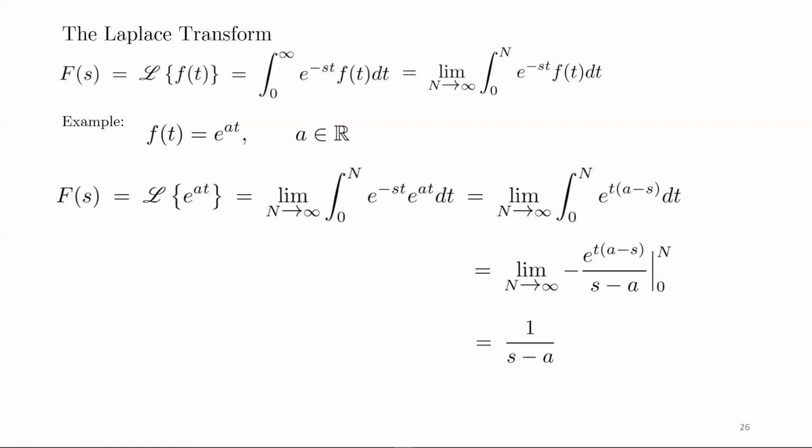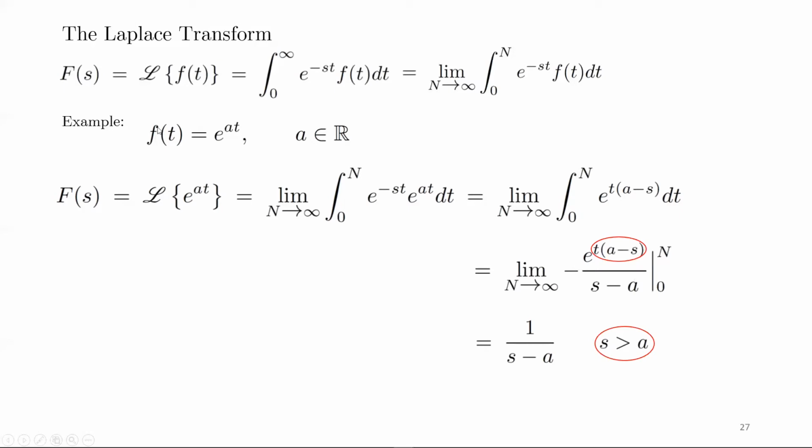Again, if we substitute in t equals 0, the second limit of integration here, this exponential becomes 1 and we're going to get 1 over s minus a. So that's what we get here. This only worked if this exponential went to 0 as n went to infinity. So therefore we knew that s had to be greater than a, so that we had something exponential of negative infinity as t went to infinity, or as n went to infinity.